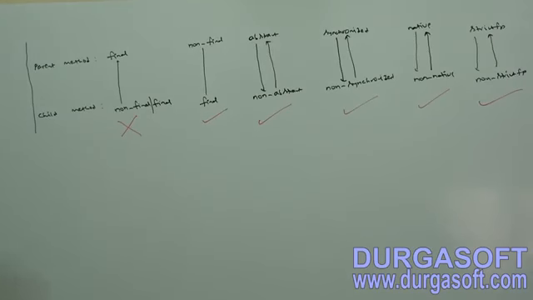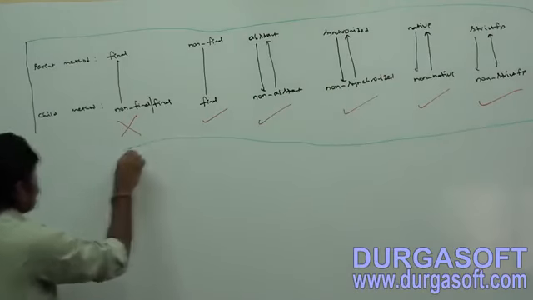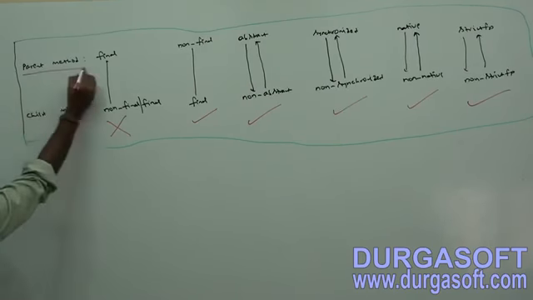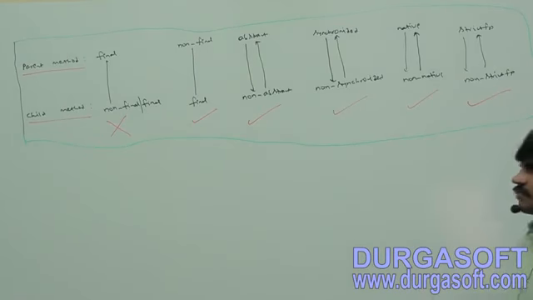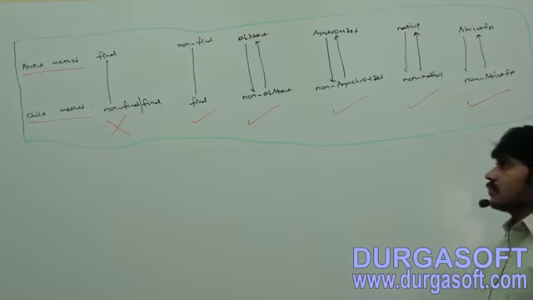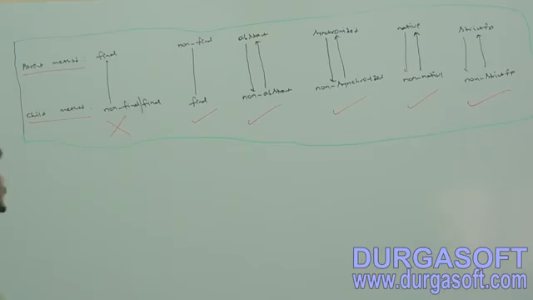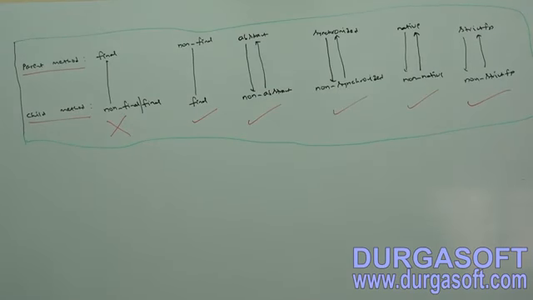So take this part, take the summary. Take clearly: parent method, child method, like final to non-final or non-final to final, abstract to non-abstract, non-abstract to abstract, synchronized to non-synchronized, non-synchronized to synchronized.